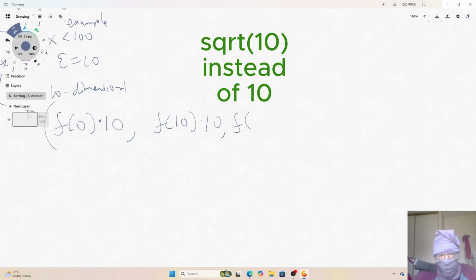So you have, this is i equals 0, i equals 1, and then you have 10i times 10, and so on.